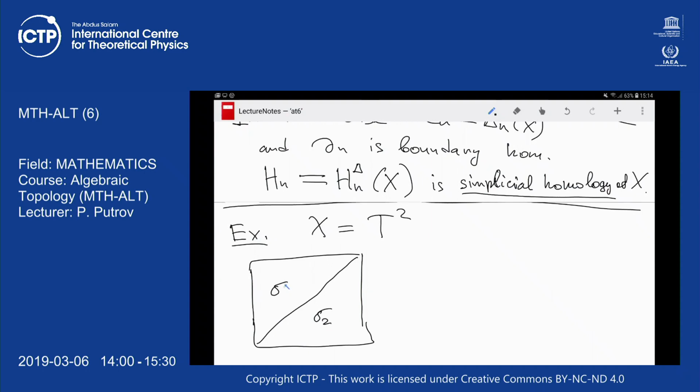I'm not sure about the indices. This was sigma 1, sigma 2. Again, by this I mean the image of the sigmas. This was sigma 3, this was also sigma 3, this was sigma 4, sigma 4. This one simplex, the diagonal edge, was sigma 5.